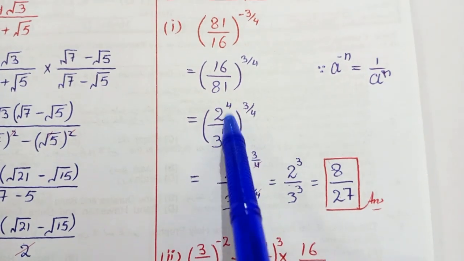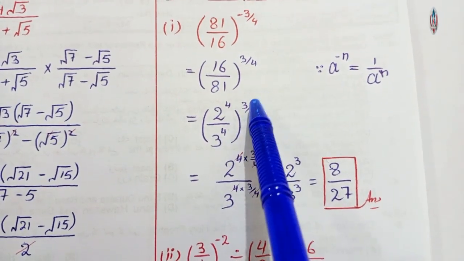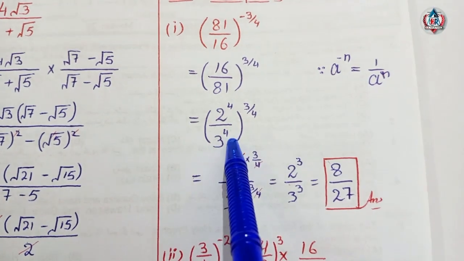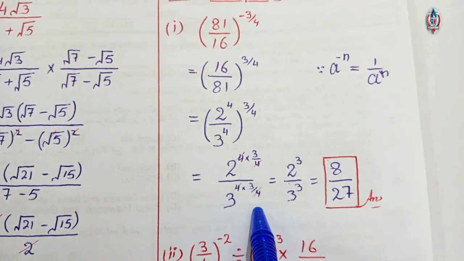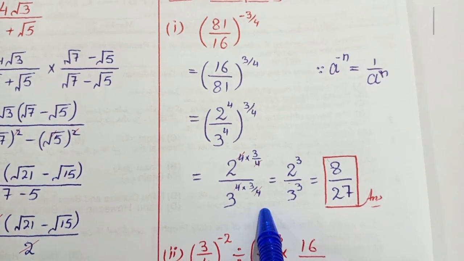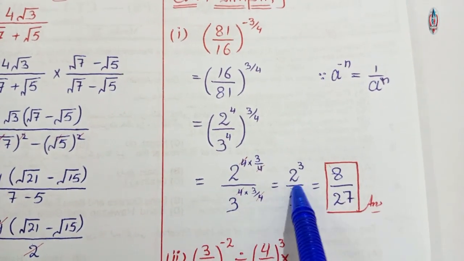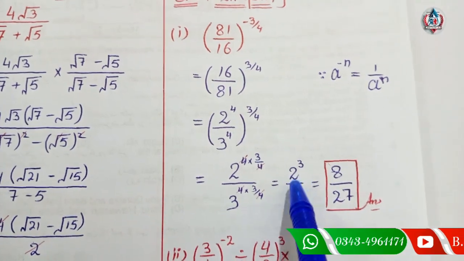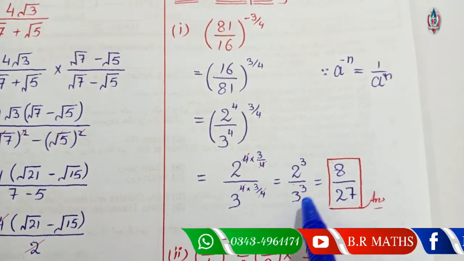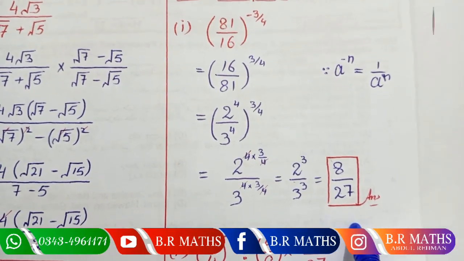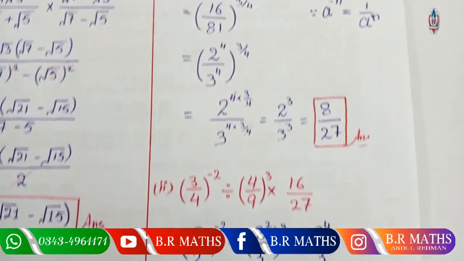So 2 raised to power 4 multiplied with 3 over 4, and in the denominator 3 raised to power 4 multiplied with 3 by 4. The 4s cancel with each other, and the remaining term is 2 raised to power 3 divided by 3 raised to power 3. 2 cubed becomes 8 and 3 cubed becomes 27. The final result is 8 over 27.